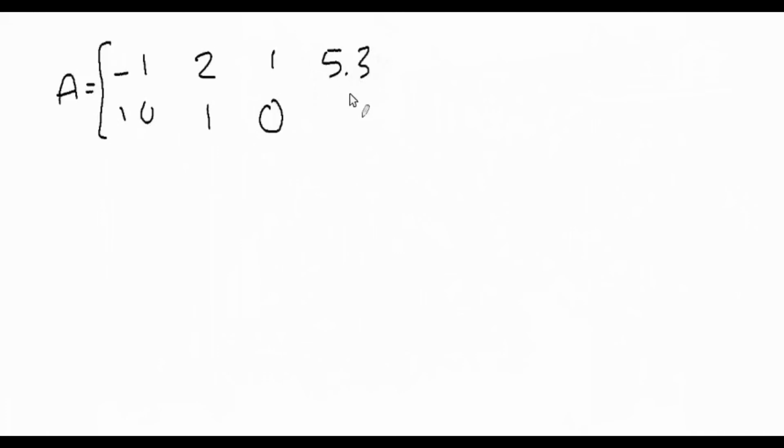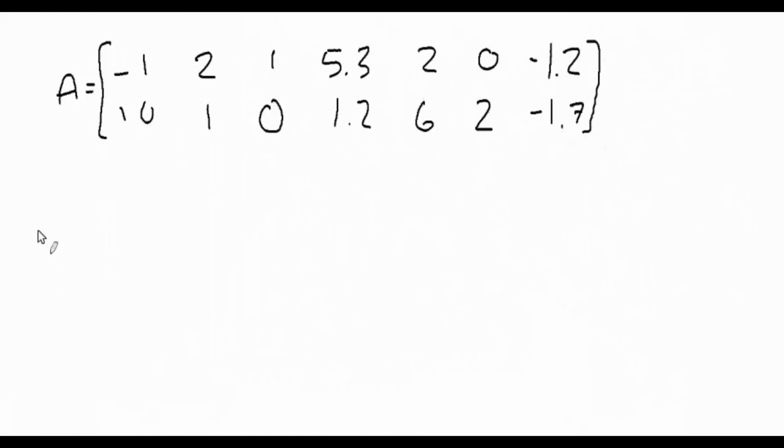So to get at that, we have to go back and write out our A matrix again. -1, 10, 2, 1, 1, 0, 5.3, and 1.2, 2, 6, 0, 2, -1.2, -1.7.